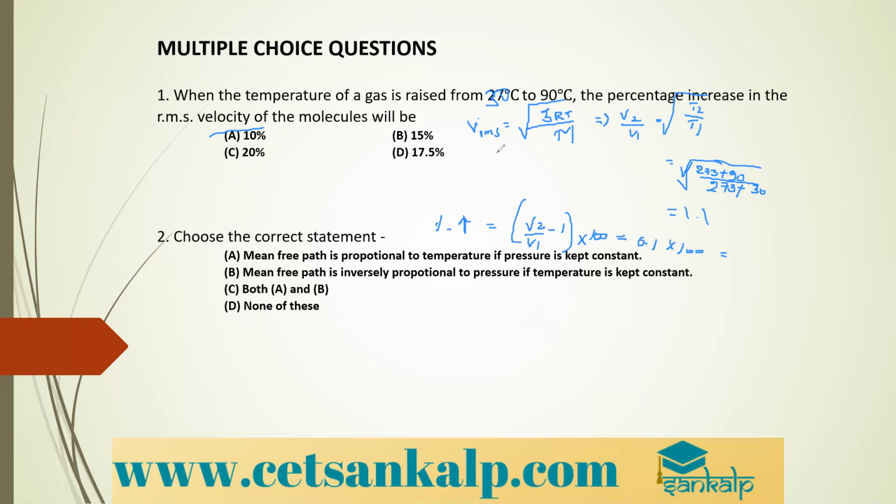Okay students, our second question is to choose the correct statement. Read all the options. Mean free path is proportional to temperature if pressure is kept constant. Yes, mean free path is the average distance traveled, and it is directly proportional to temperature at constant pressure.